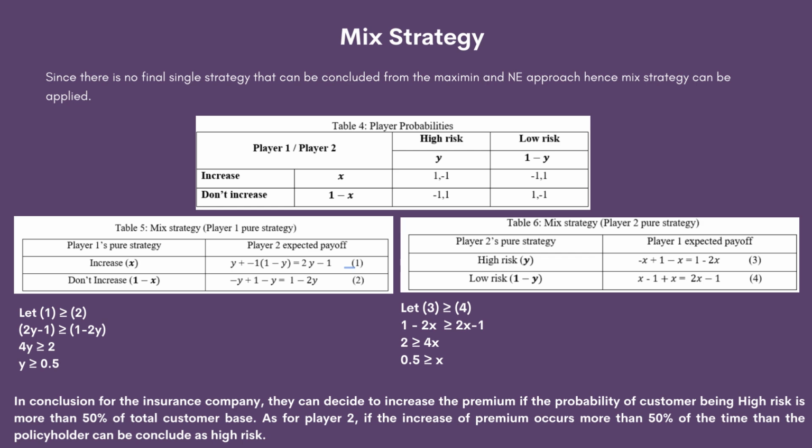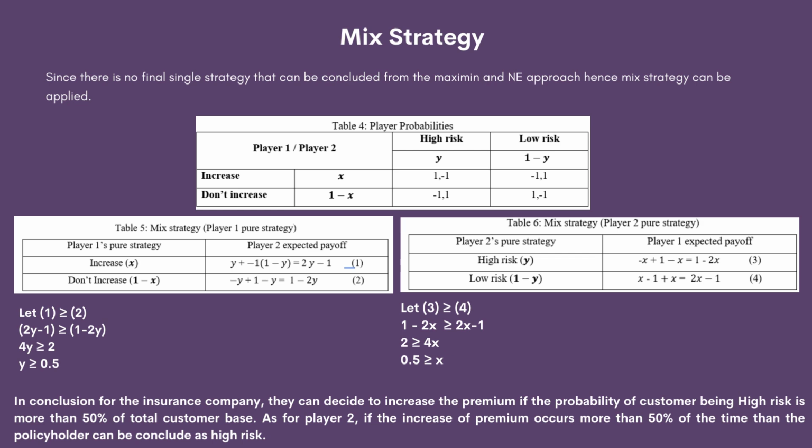As for player two, if the increase in premium occurred less than 50% of the time, then the policyholder can conclude to be high risk. So this is how we conclude the game.